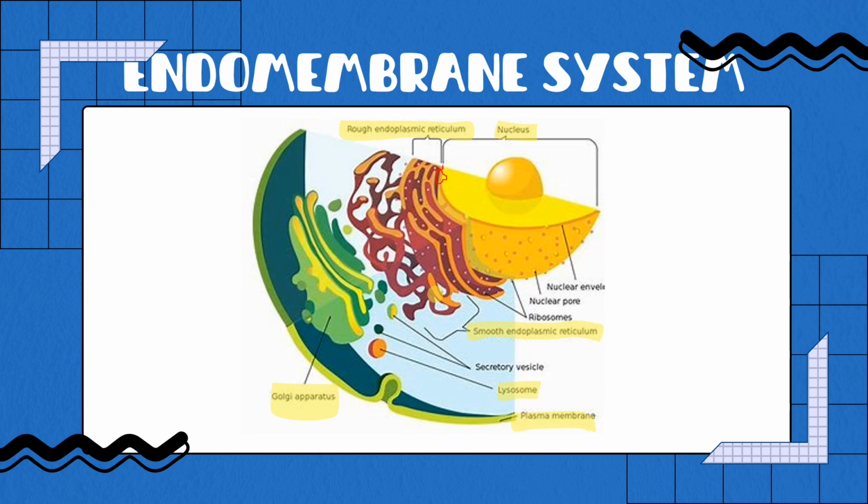The Golgi body is not connected at all by a membrane to the rough endoplasmic reticulum or the nucleus. So this is where vesicles come into play. These vesicles bud off from the endoplasmic reticulum and fuse with the Golgi body. And in the same way, vesicles bud off later from the Golgi body to the plasma membrane. So this is how the endomembrane system is connected.